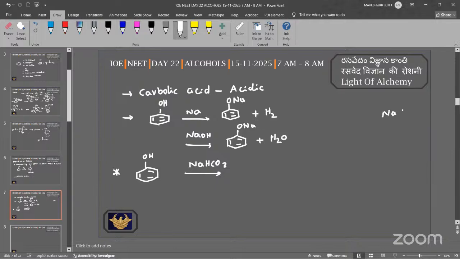So, sodium bicarbonate on hydrolysis gives sodium hydroxide and H2CO3, carbonic acid.